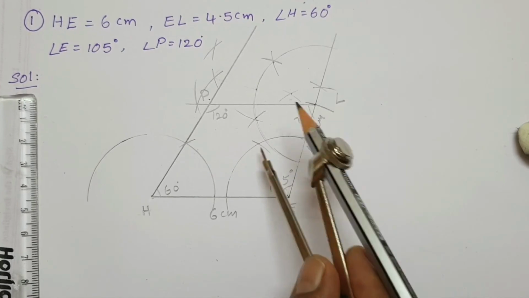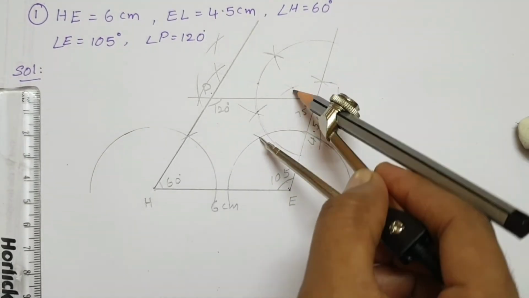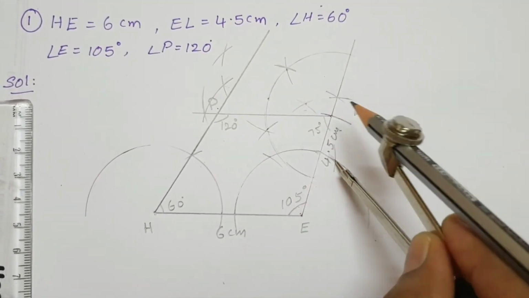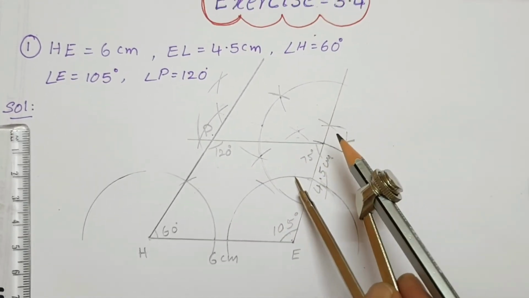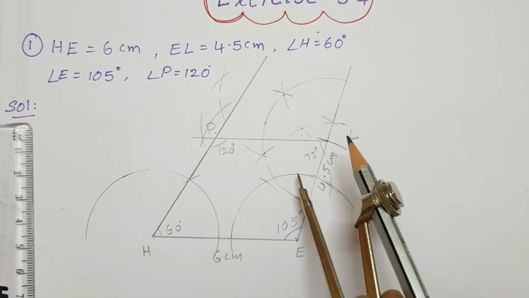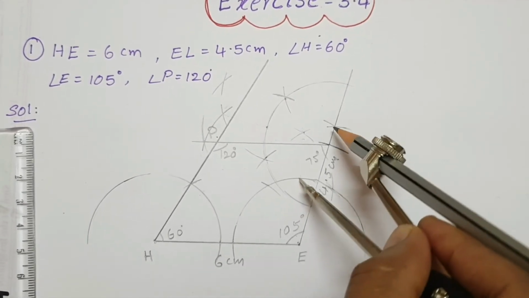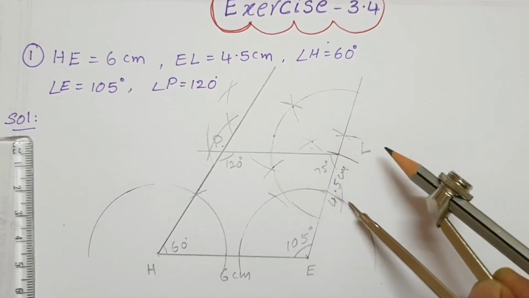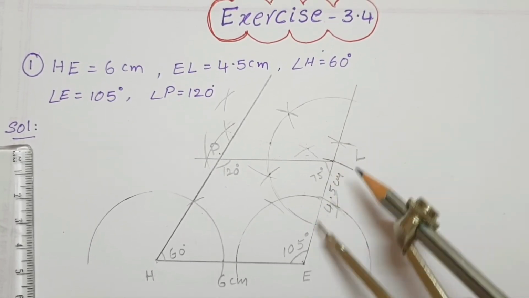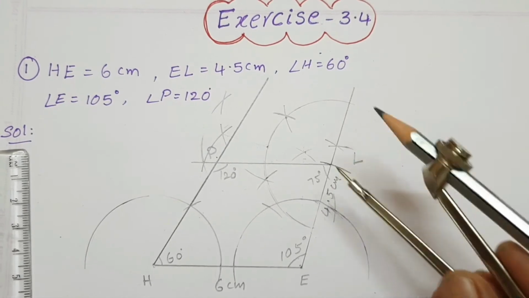This is 120 degrees. 60 to one arc, 120 to another arc. That is 90 degrees, means exactly here intersecting 90 degrees. 90 to one arc, 120 to another arc. Between angle is 105. This is 105.